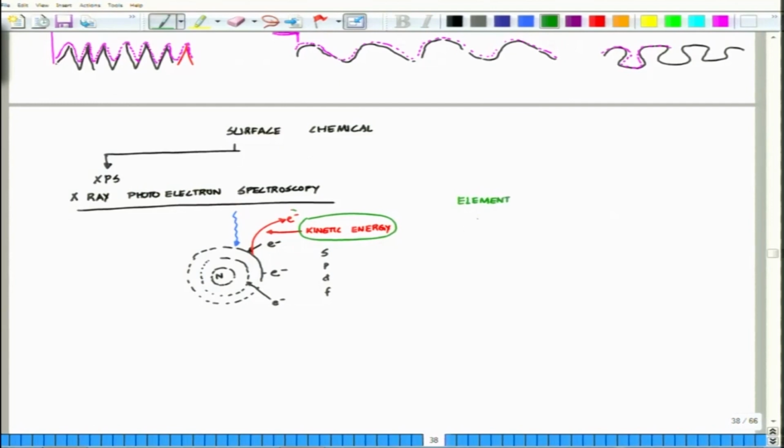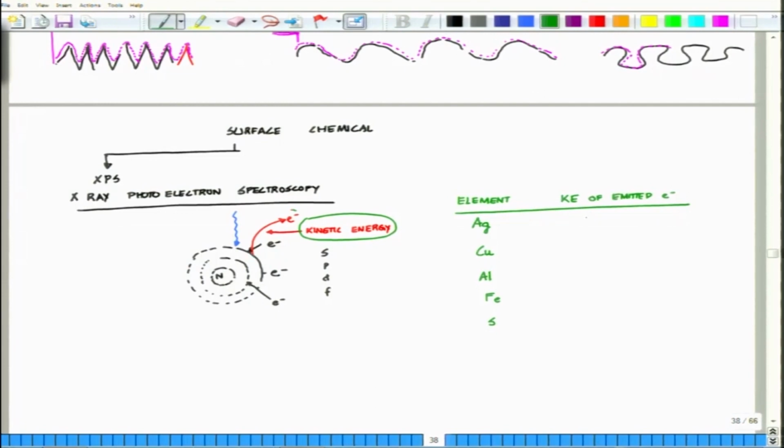For example, you have silver, copper, aluminium, iron, sulfur, and in the next column you may have the kinetic energy of the emitted electron of some specific shell, mostly the outermost shell.